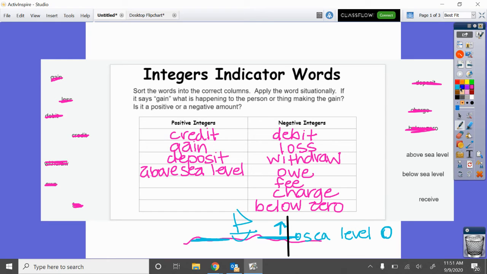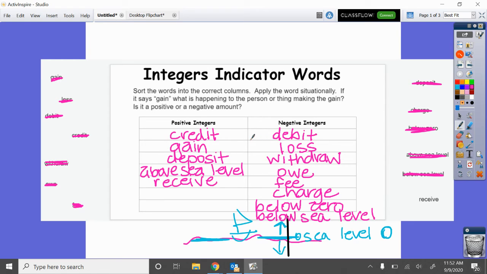And then what would that make all the numbers below sea level or below 0? Well, that would make them negative. So we're going to put below sea level on the negative side of our list, okay? And then last but not least, receive, like you got money in a birthday card, that's going to increase your balance in the bank. So that is a positive integer.